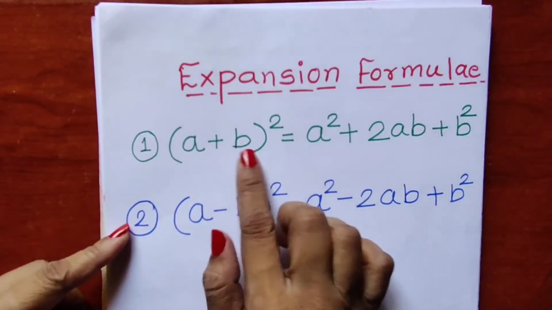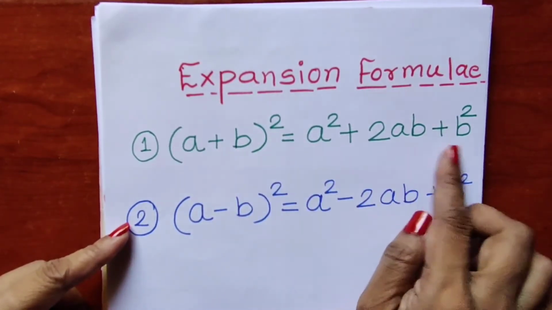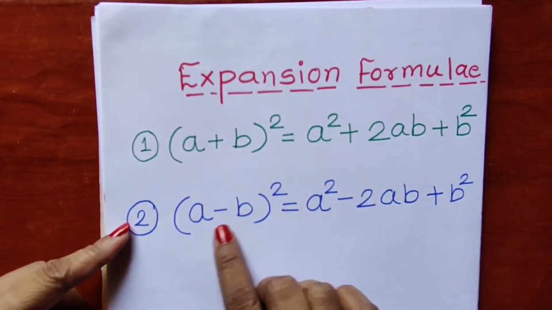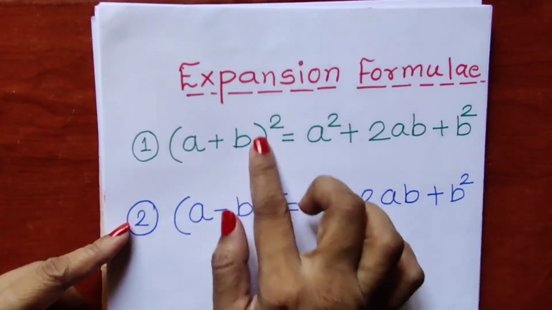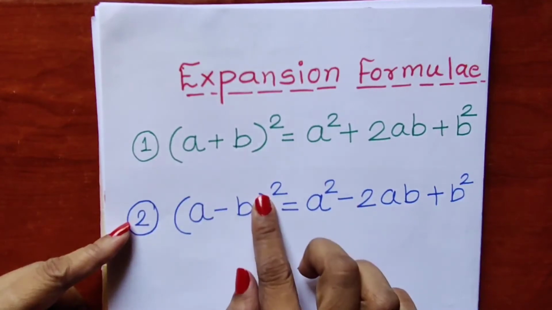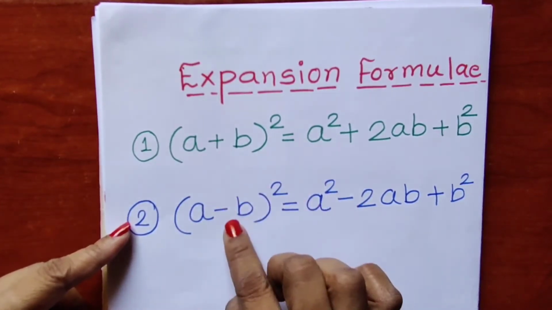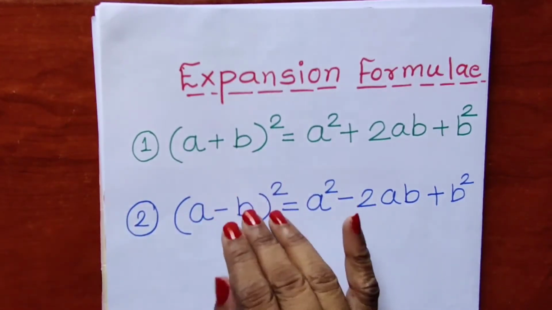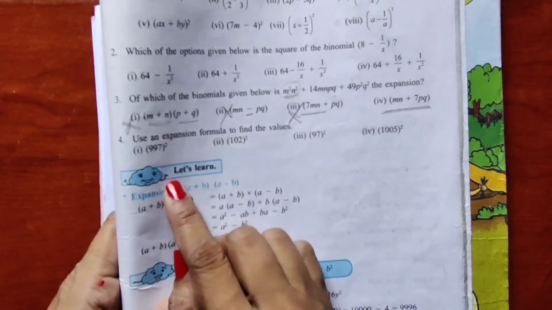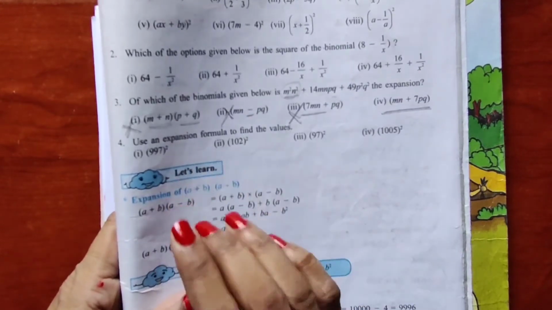First formula is a plus b whole square is equal to a square plus 2ab plus b square, and second formula is a minus b whole square is equal to a square minus 2ab plus b square. That means we require a binomial inside the bracket, whether addition or subtraction, but we require a binomial. And here we have only numbers and we have to apply the expansion formula.